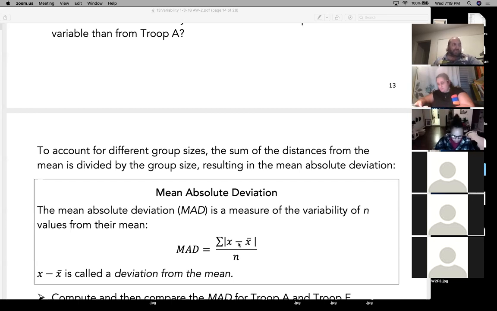So it's a very abstract way of describing what I said in words, which is just add up how far each one is from the mean. When you add them all up and then divide by how many there are, that's going to give you the mean absolute deviation. Okay?